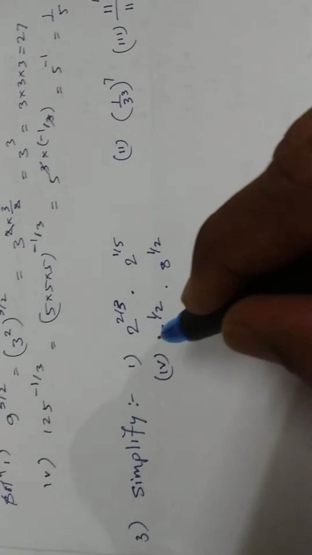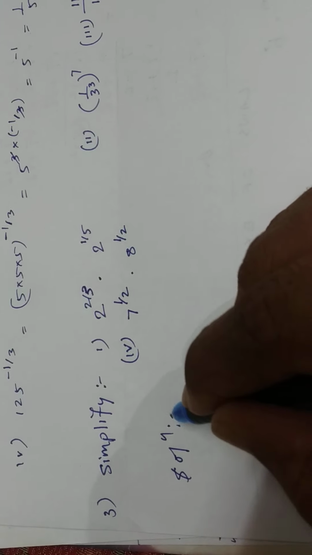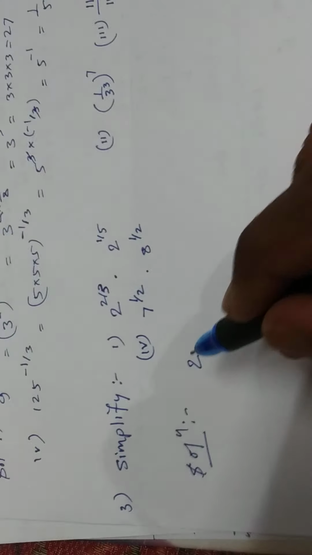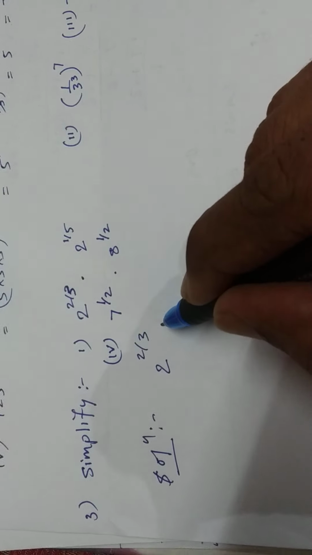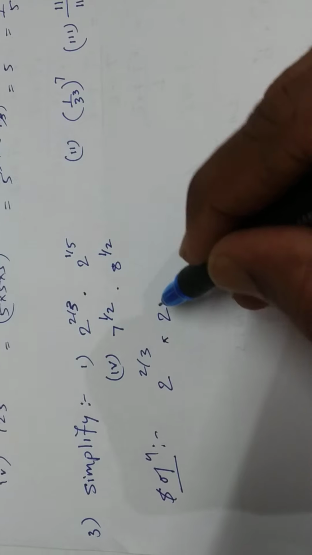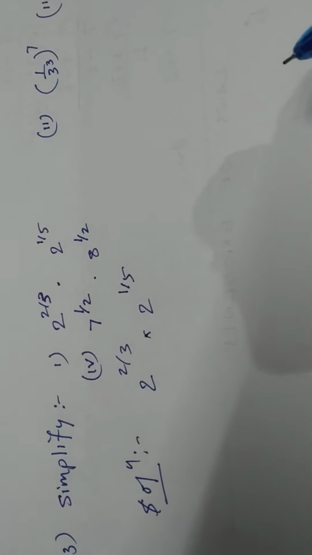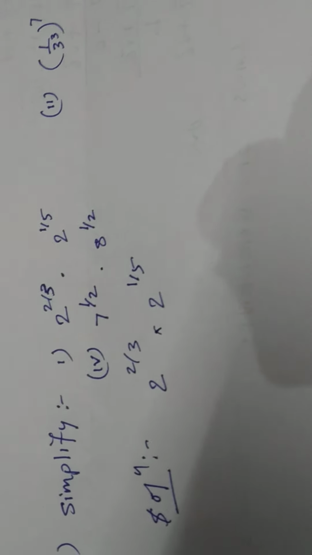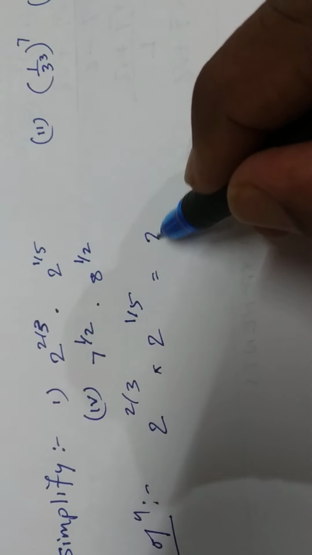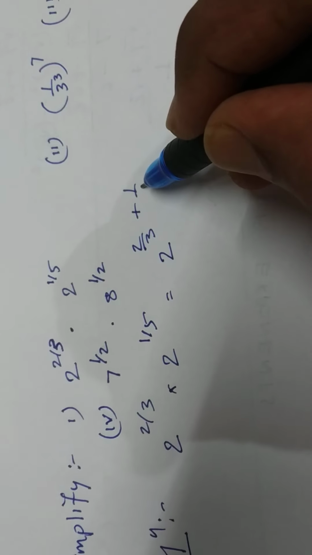Third question, let us solve the first question. Solution. 2 power 2 by 3, dot means multiply, 2 power 1 by 5. What do the laws of exponents say? It says that if the bases are same, powers are added. Let us see. Bases are same, powers are added: 2 power 2 by 3 plus 1 by 5.